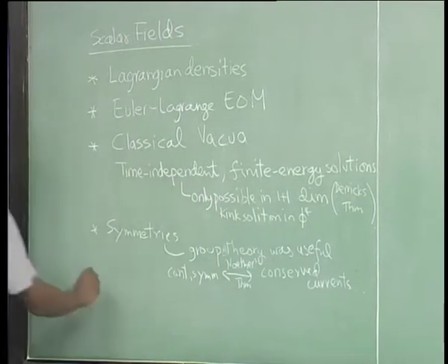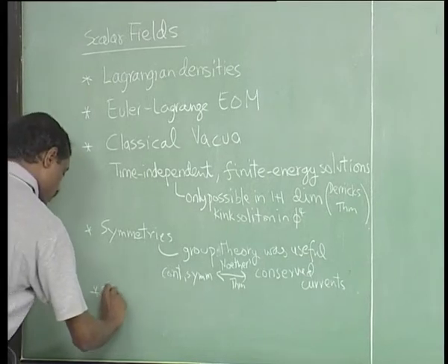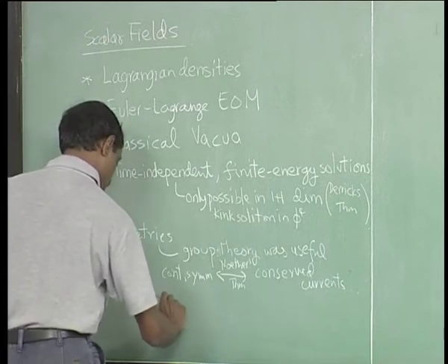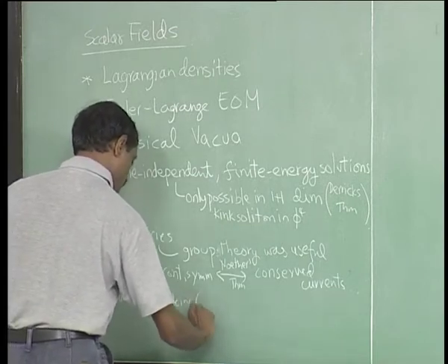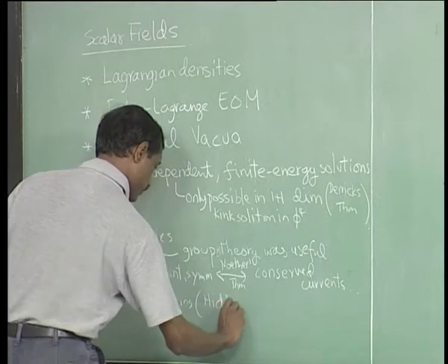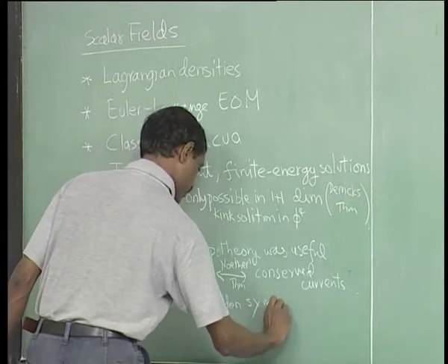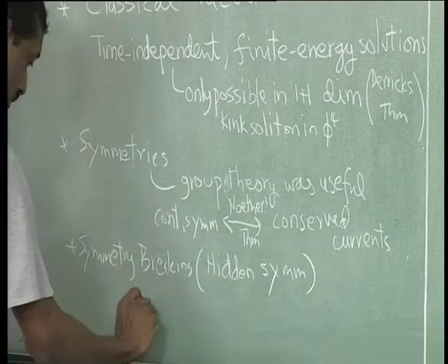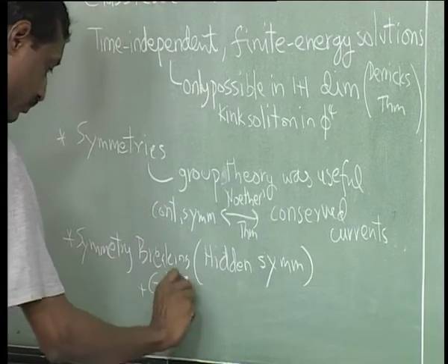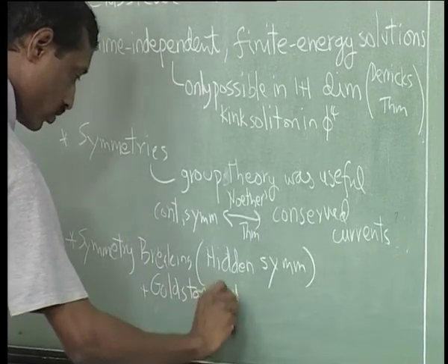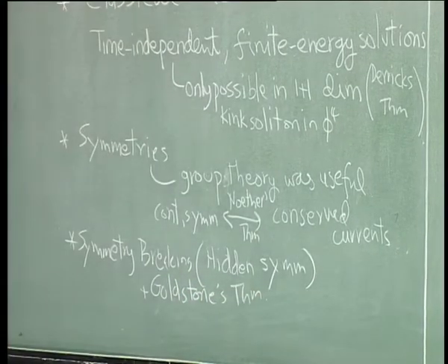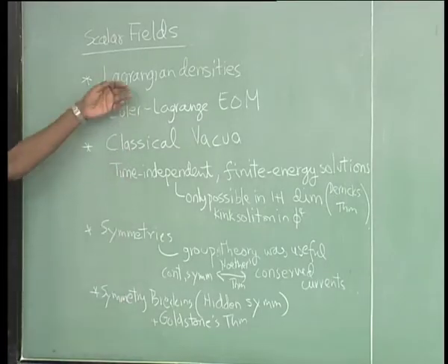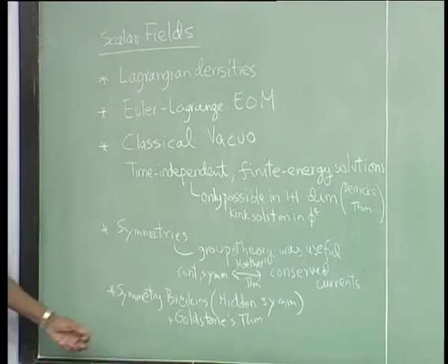Okay. And then we discussed symmetry breaking, or what we call hidden symmetry. And a nice thing we saw was Goldstone's theorem, and so here another mathematical concept which we had seen in an abstract setting came into use.